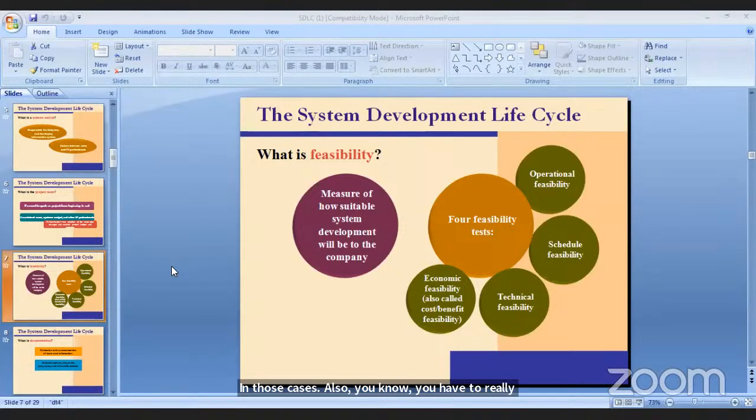If you find it feasible in terms of economic, technical, operational, and schedule, then you go ahead with the system development. But if you find it lacking somewhere, then try to at least adjust something.